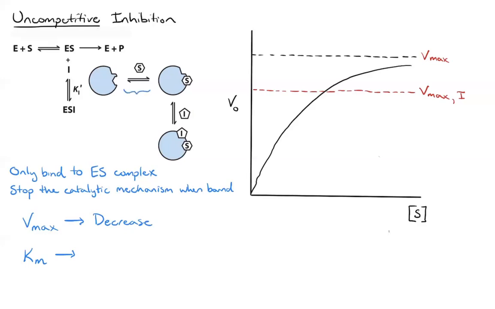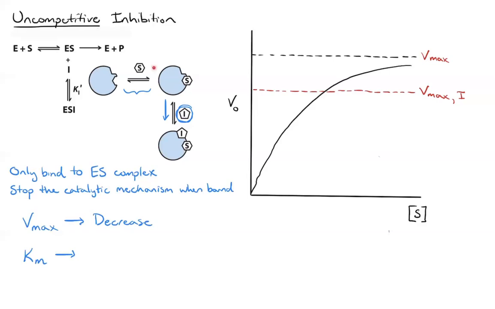And we can think of this binding of the substrate to the enzyme as a simple event that can be represented by equilibrium here.